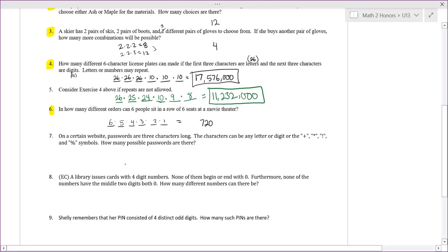Okay, so again, we have 3 characters, and we just want to ask ourselves, how many options do we have for each character? Well, there are 26 letters, plus we got 10 digits, plus how many additional symbols? 1, 2, 3, 4. And so we have 40 total options.